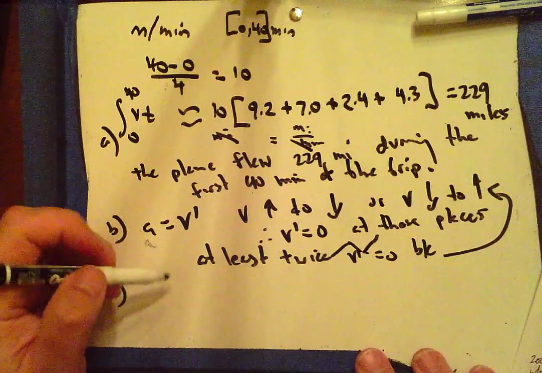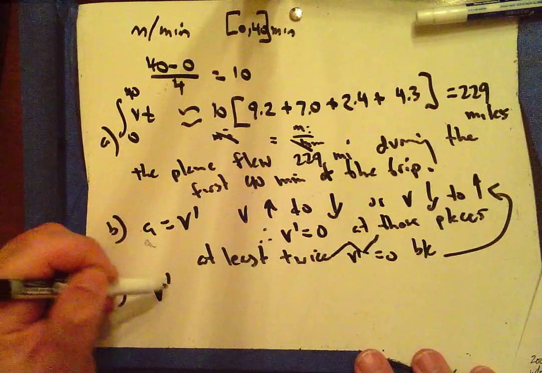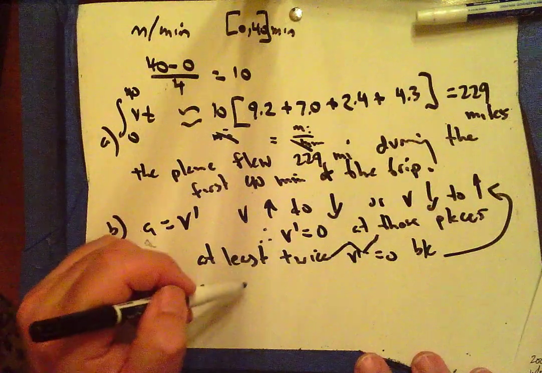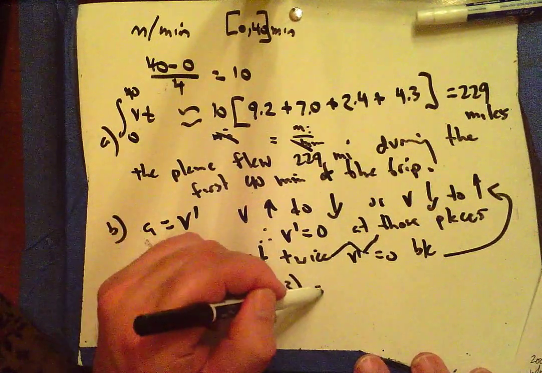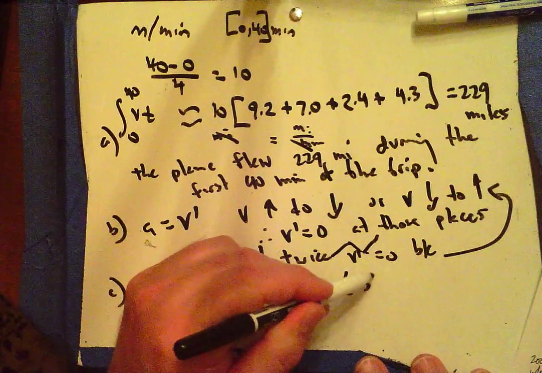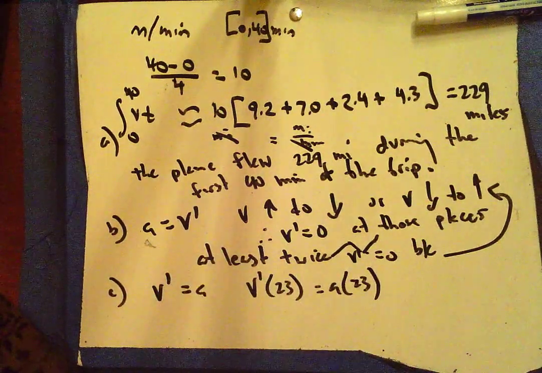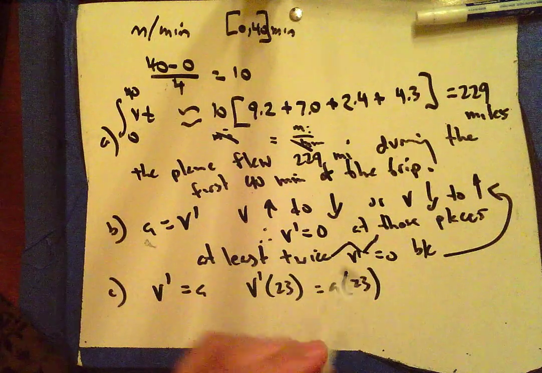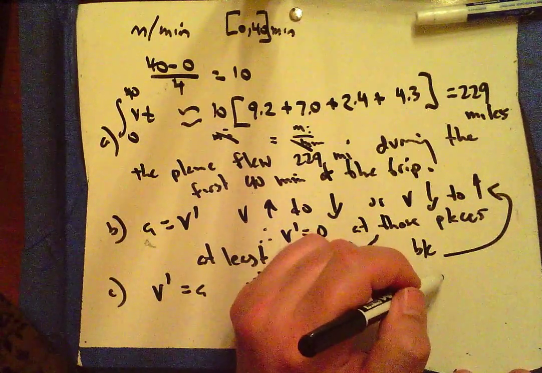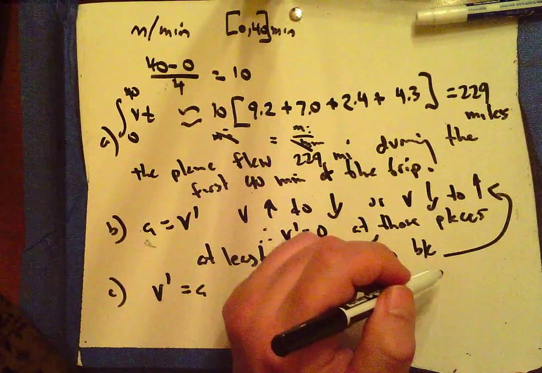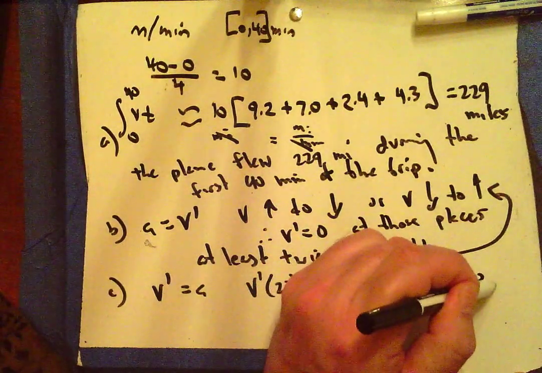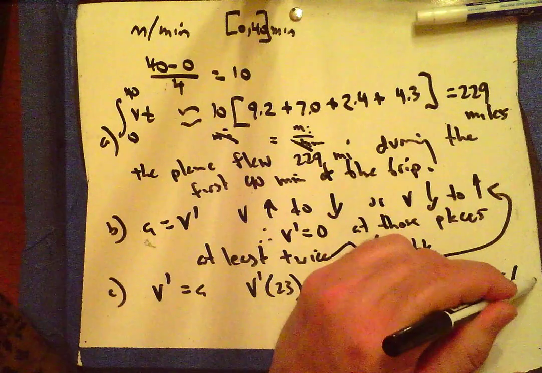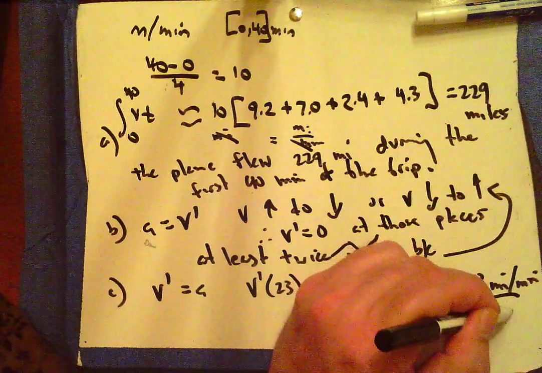So I want v prime equals a, and I want a of 23. And this is with calculator, so I'm just going to pull out a calculator and type this in. Don't forget to be in radians. I get negative 0.408 miles per minute per minute.